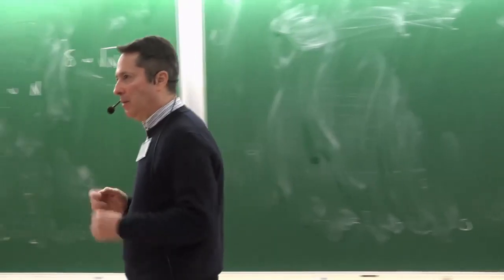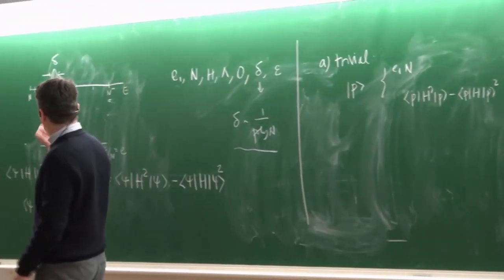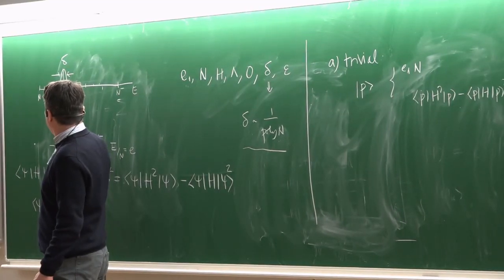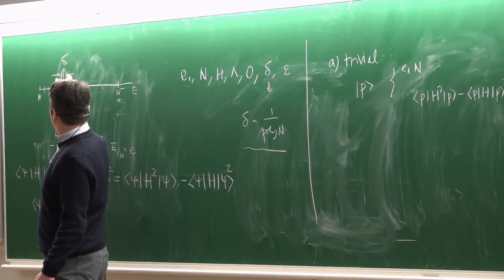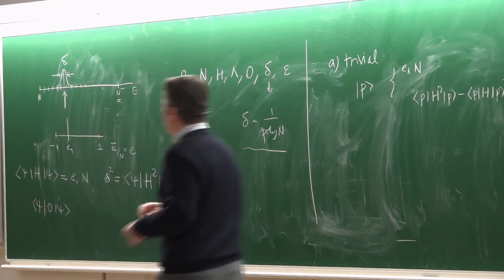Okay, so let me tell you the idea of this quantum algorithm. Again, it's a quantum algorithm that will prepare a state that has a certain energy and is very narrow in energies. So what is the idea?